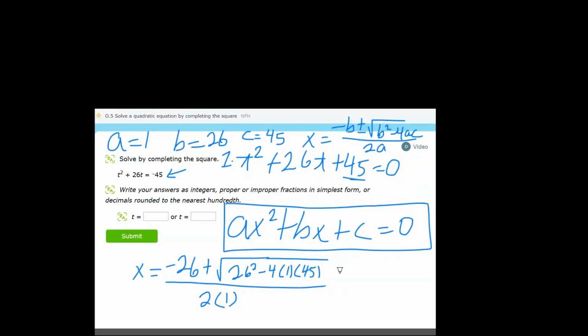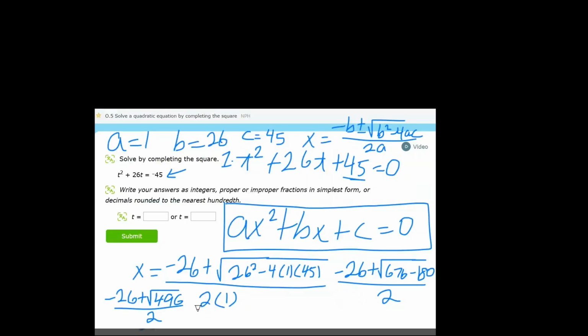Simplifying under the square root, I get negative 26 plus the square root of 676 minus 4 times 1 times 45, which is 180. And that's everything over 2 times 1, which is 2. Continuing to simplify underneath the square root, I get negative 26 plus the square root of 496 over 2.